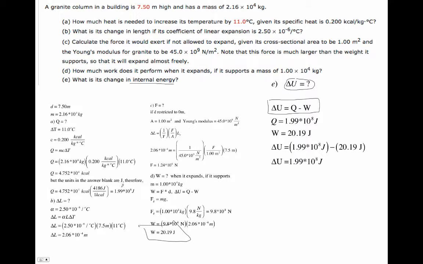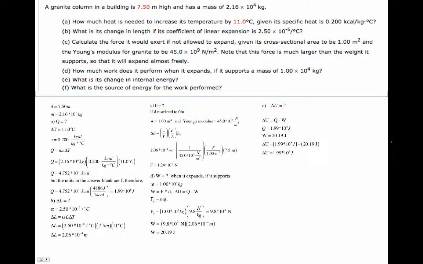We have the Q in joules, of course. So we're going to go ahead and plug them in, and we figure it out. And I'm sorry, but 1.99 times 10 to the 8th minus 20 still gives you 1.99 times 10 to the 8th. Those 20 joules are pretty doggone insignificant compared to what it was starting out with.